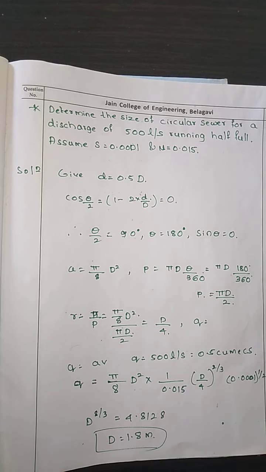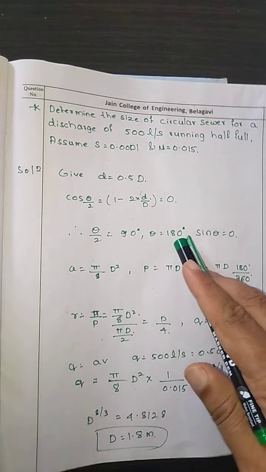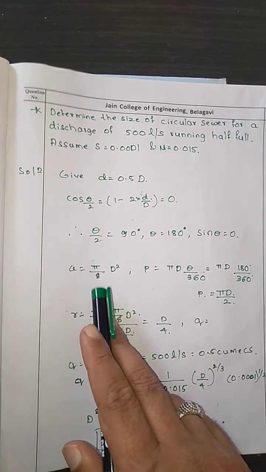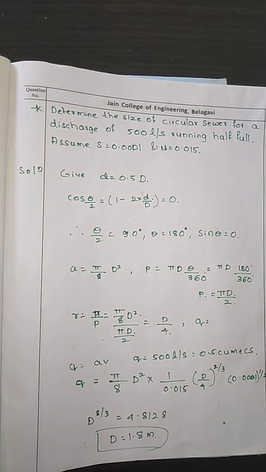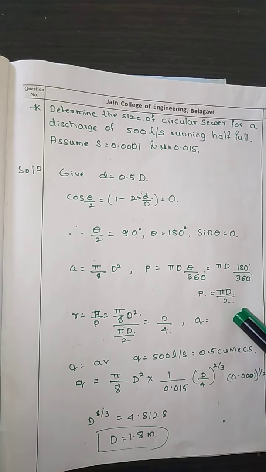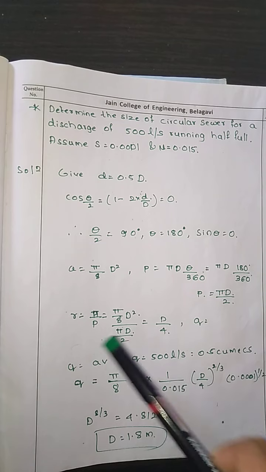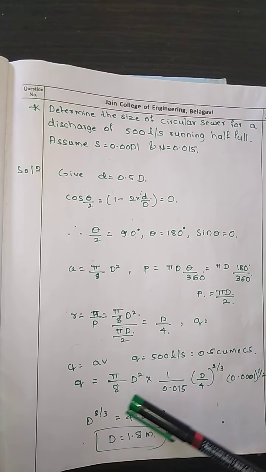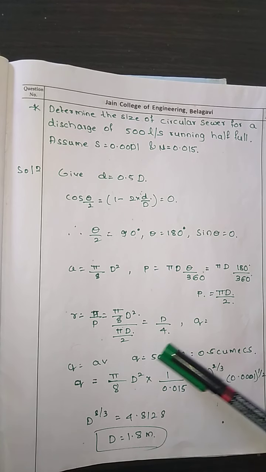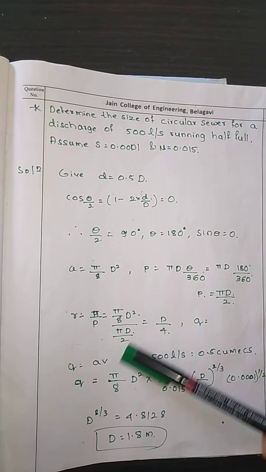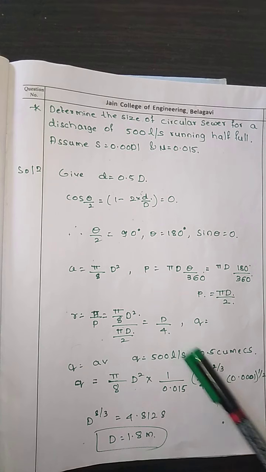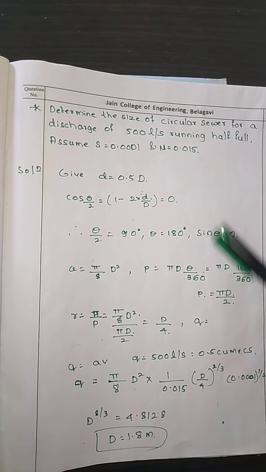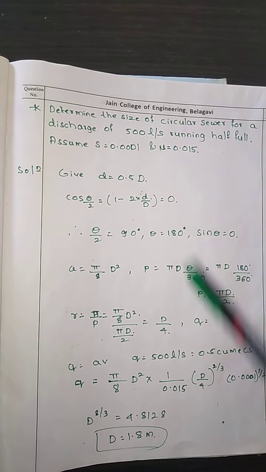Again, when it is running half full, theta is equal to 180 degrees, A will become pi by 8 into D square, P will become pi D by 2, and again R will become D by 4. Now Q is equal to pi by 8. The discharge they have given as 0.500, and they have given the slope value 0.0001 and n value 0.015.